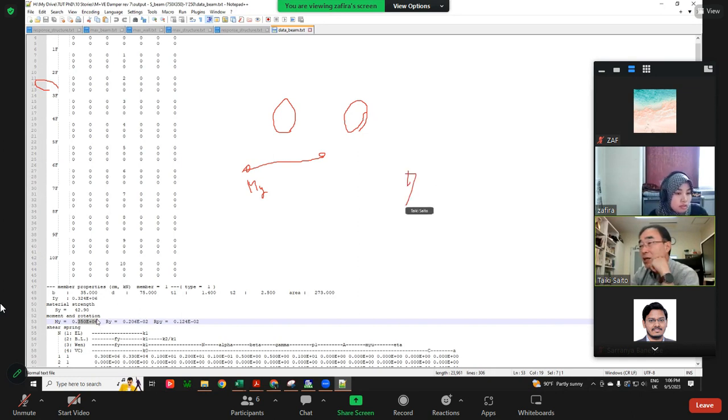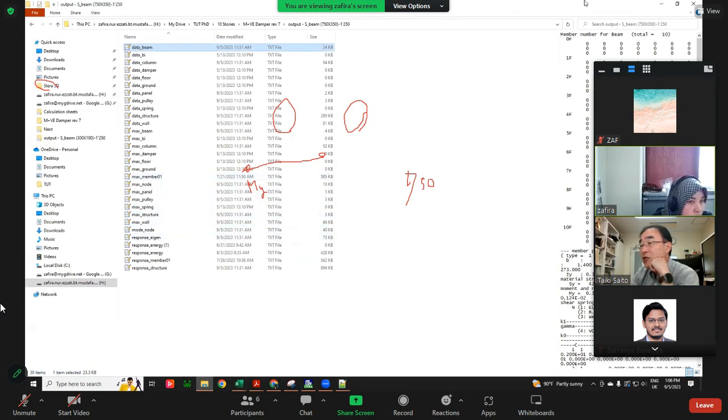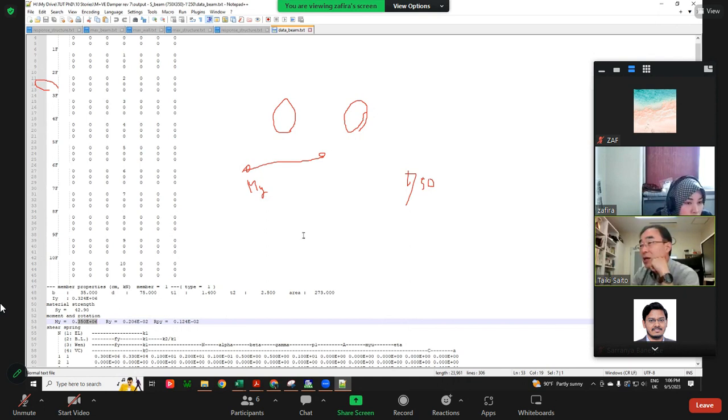So how did you calculate 750? The other case is from after we push over; we get it from the max beam here. The situation is the same: both ends are yielding, so both ends are My, and the shear force is 750.